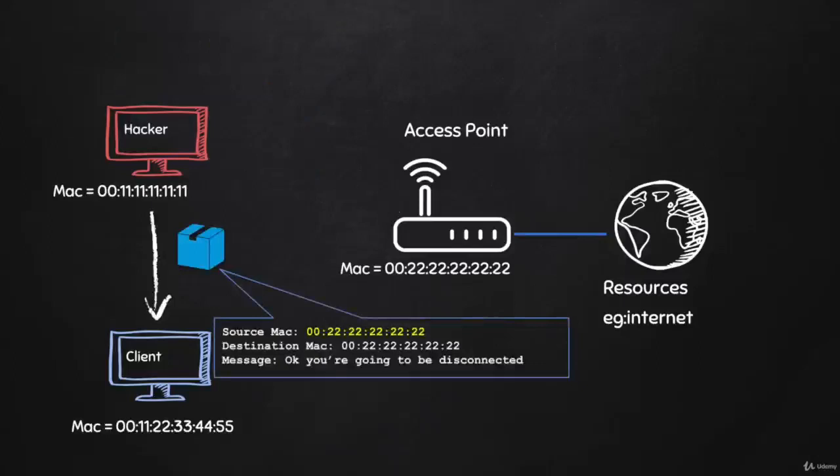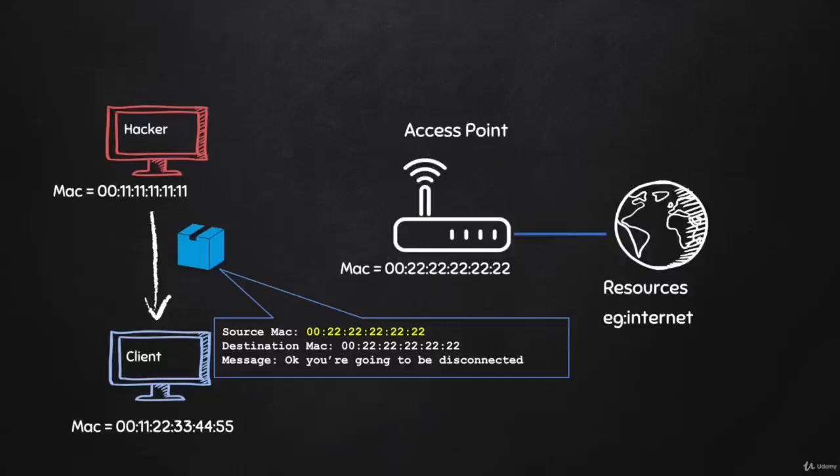Then we're going to pretend to be the router, again by changing our MAC address to the router's MAC address, and tell the client that you requested to be disconnected, so I'm going to disconnect you. This will allow us to successfully disconnect or deauthenticate any client from any network.